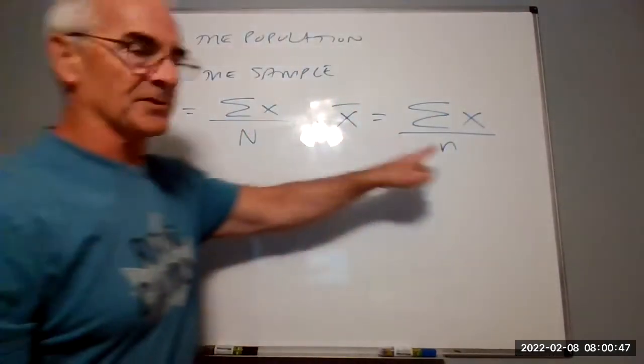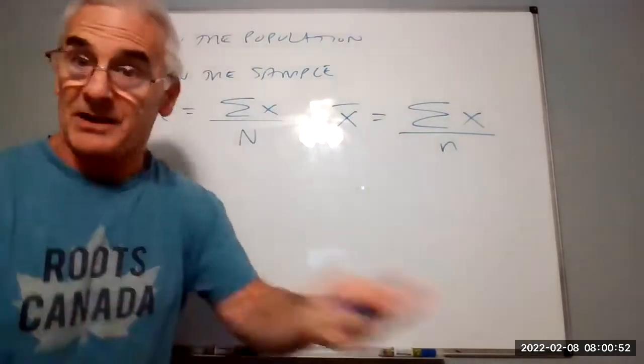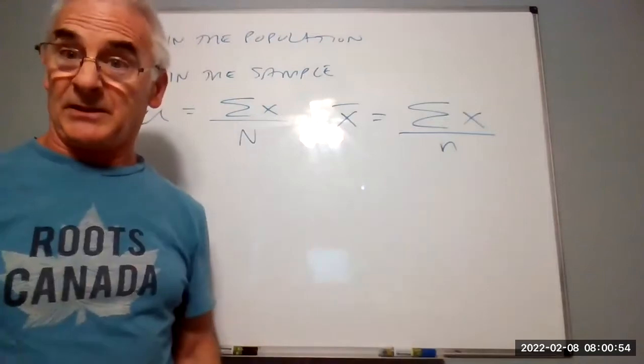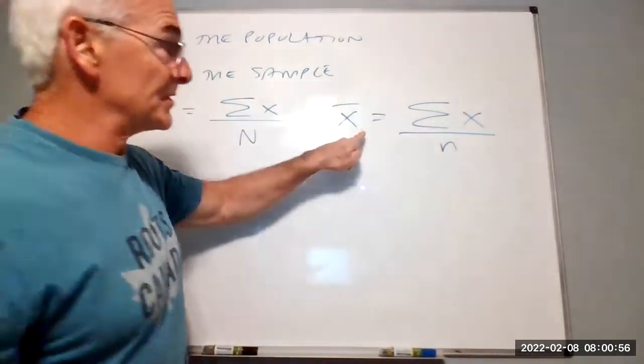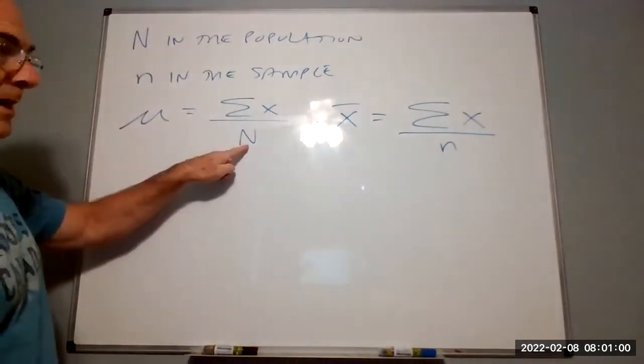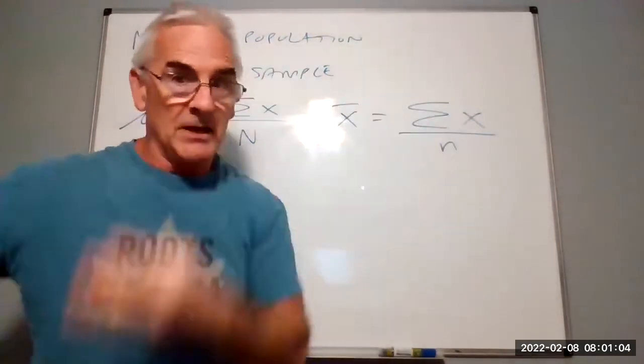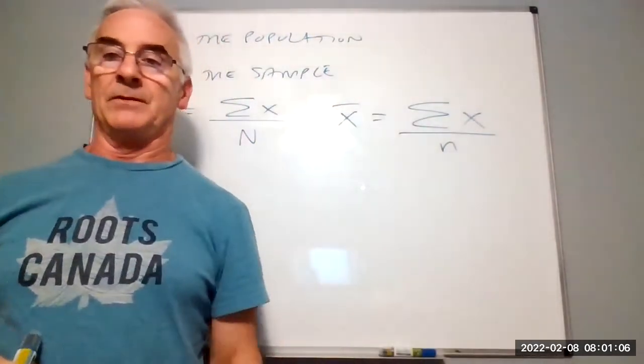You notice the formulas are exactly the same. In both cases, I add up all the values and then I divide by the number of things that I'm dealing with. The difference is this is a sample, so that's not the whole population. This is the whole population, but I calculate them the exact same way. Add up all the values, divide by the number of things.